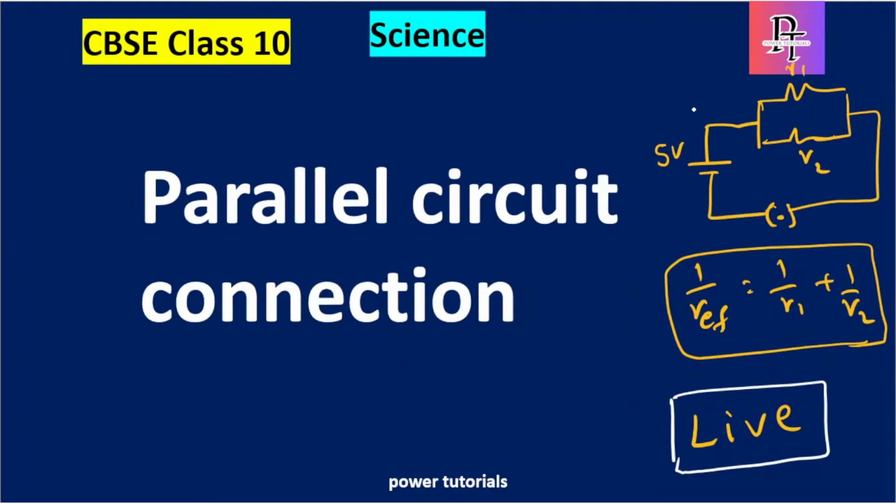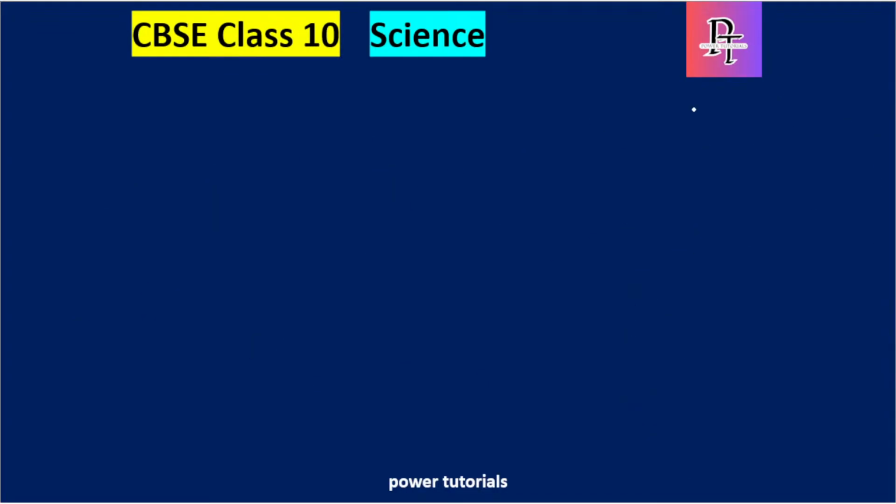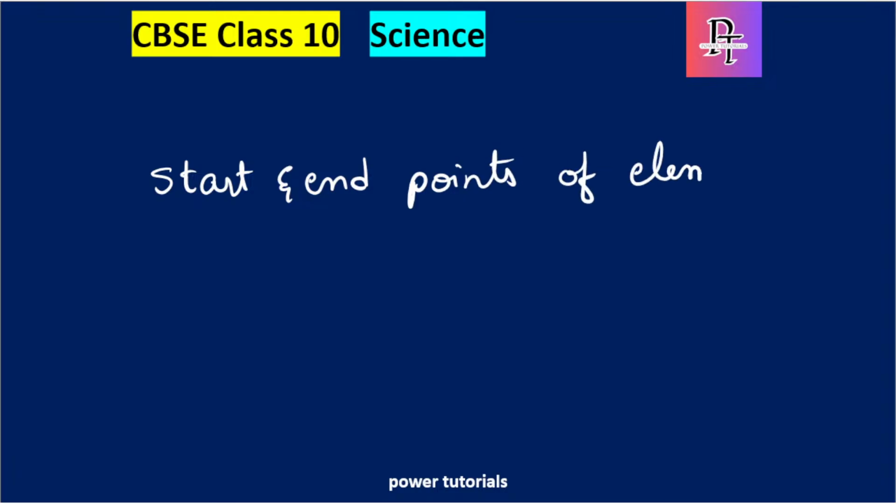So now we are going to start with parallel circuit connection. The simple idea of a parallel circuit connection is that the starting and ending points of elements should be connected.